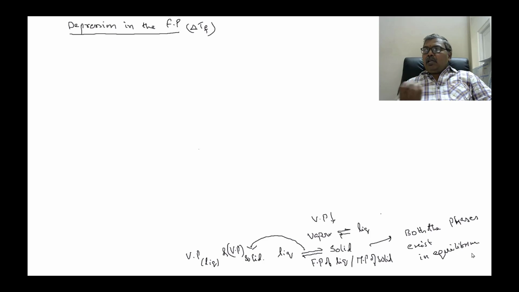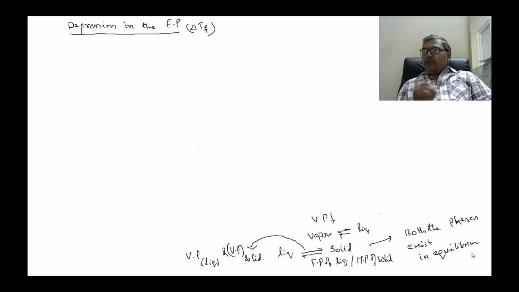So as you cool the liquid, slowly its vapor pressure decreases, and vapor is converting into the liquid state, and slowly liquid changes into solid phase. So at one stage, liquid and solid both will exist.